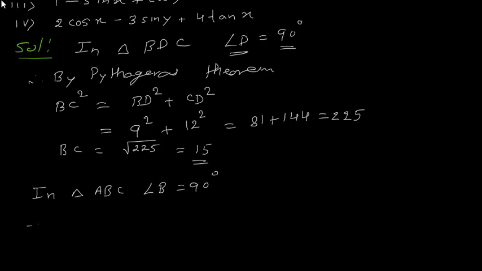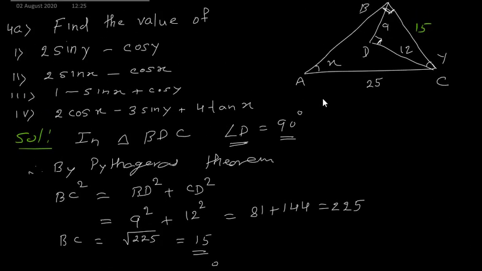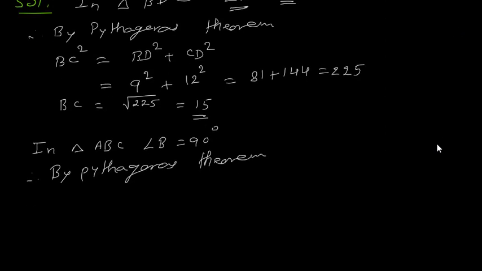So therefore here also by Pythagoras theorem you apply Pythagoras theorem and we will say that AB square plus BC square is equals to AC square.